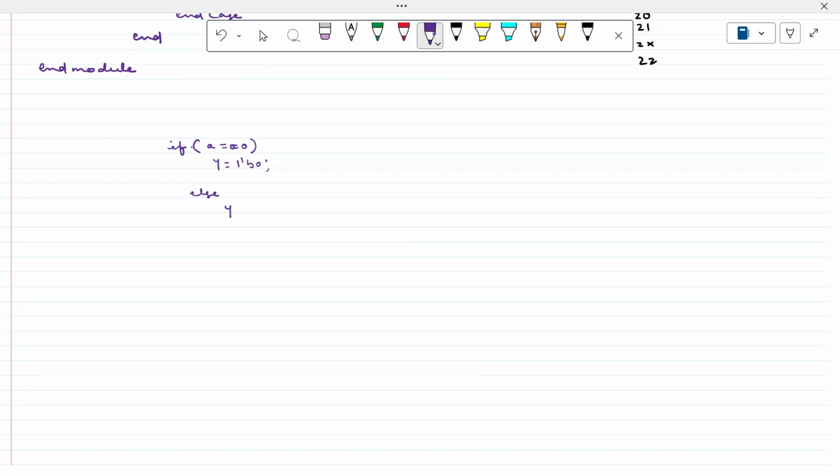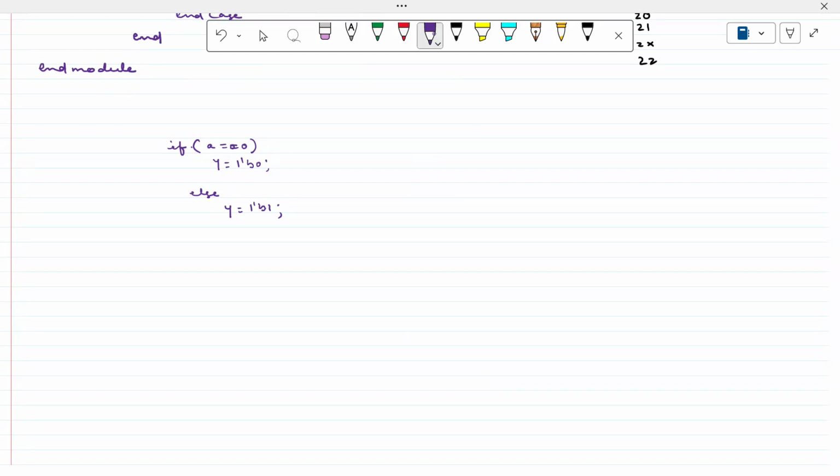If you write else, y is equal to 1 bit of 1. If a equal to 0, we have defined only one possibility. But how many possibilities are there? Another 3 possibilities: A can be 1, A can be unknown, A can be Z. For all other cases, else stands for any other value of A, it will be 1.